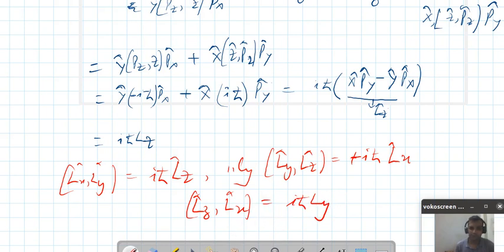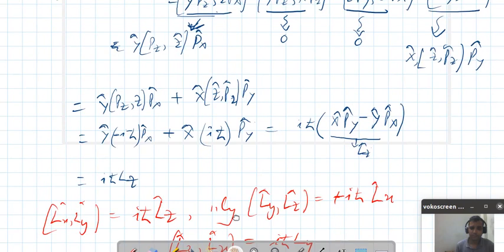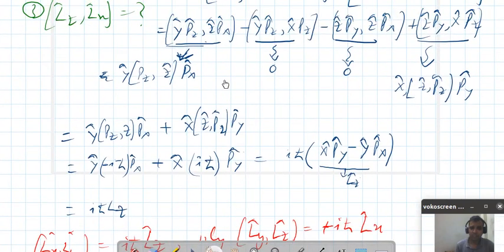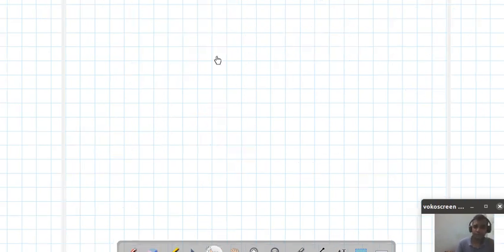Now let me try to prove that this is equal to this one, this is equal to this, and this is equal to this. So to do this, let us proceed as follows. First of all, I will start with this: y pz comma z px.